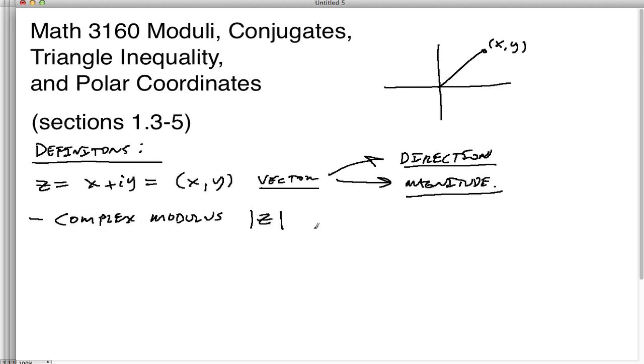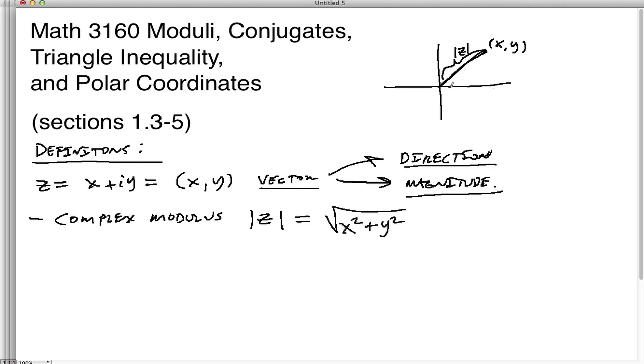Now, of course, complex numbers don't have an absolute value because they have this imaginary component, but we think of it as basically just the distance along this line here. We think of z as being this distance right here, and we get that by taking the square root of the sum of the squared components.